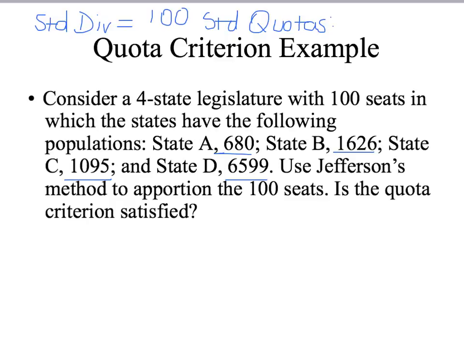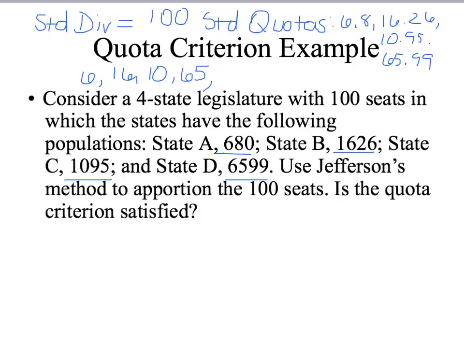So basically divide everything by 100, so 6.8, 16.26, 10.95, and 65.99. So when we truncate those, so round them all down, 6, 16, 10, and 65, we end up with only 97 seats, and we need to give out 100. So I need to increase by 3 seats in order to get up to 100.